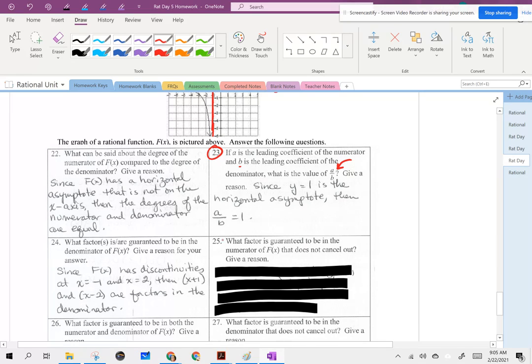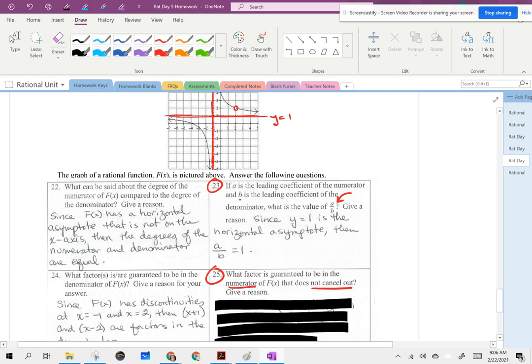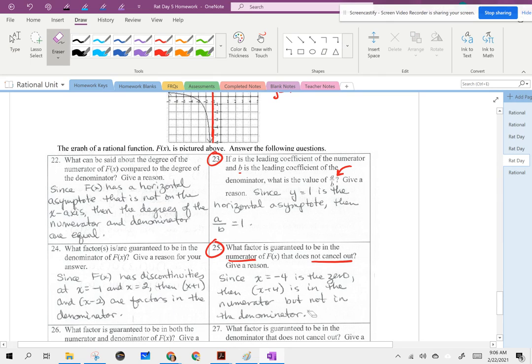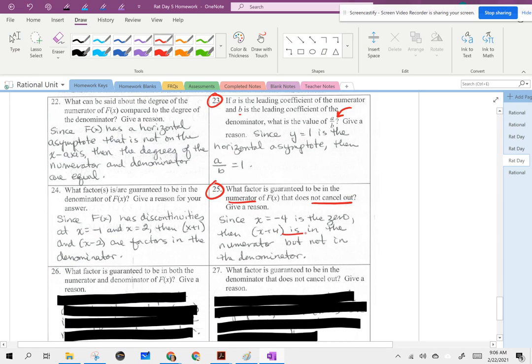Okay, what factor is guaranteed to be in the numerator and does not cancel out, and give a reason. Since x equals -4 is the zero, so again, that's the y-intercept, then x plus 4 is in, I'm not the y-intercept, the x-intercept, sorry, I misspoke. Then x plus 4 is in the numerator but not in the denominator. Okay, so this right here is the x-intercept.